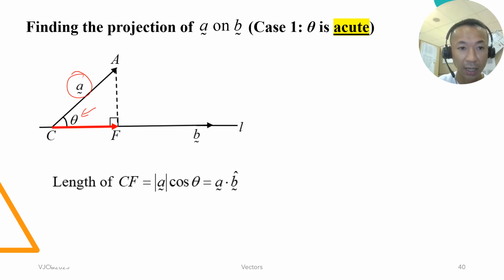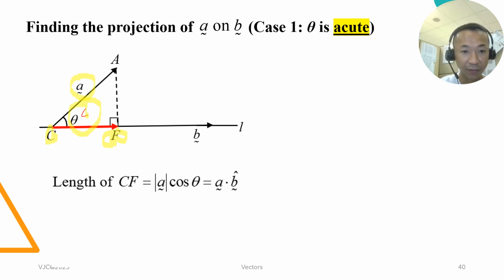Then can I safely say that the length of CF, the absolute value, this length, is modulus of A cosine theta.